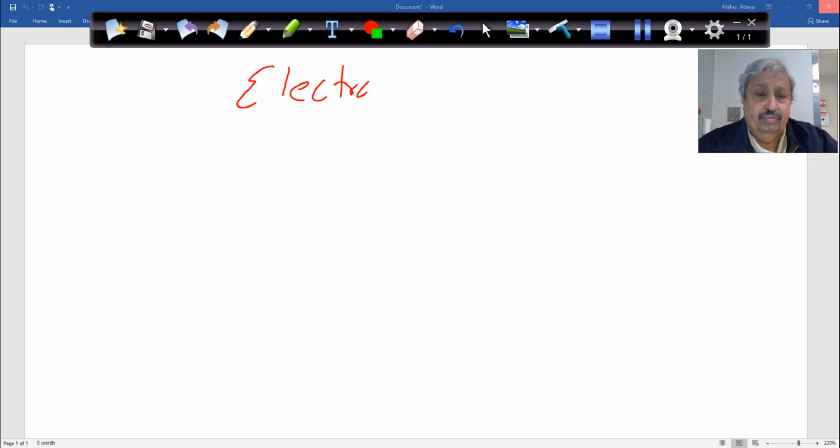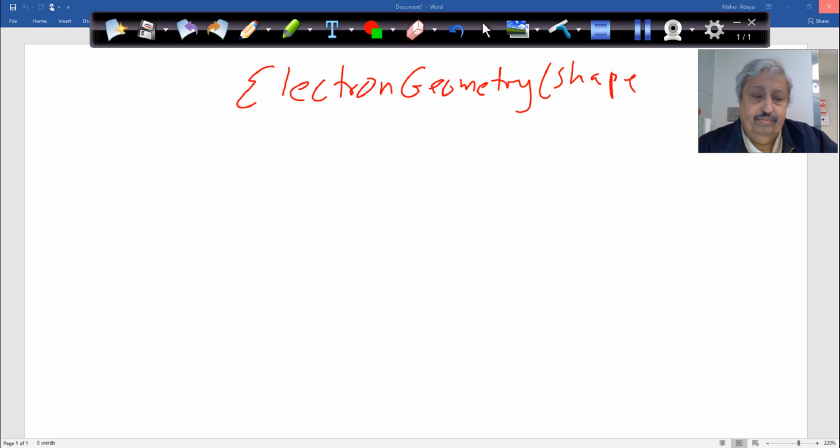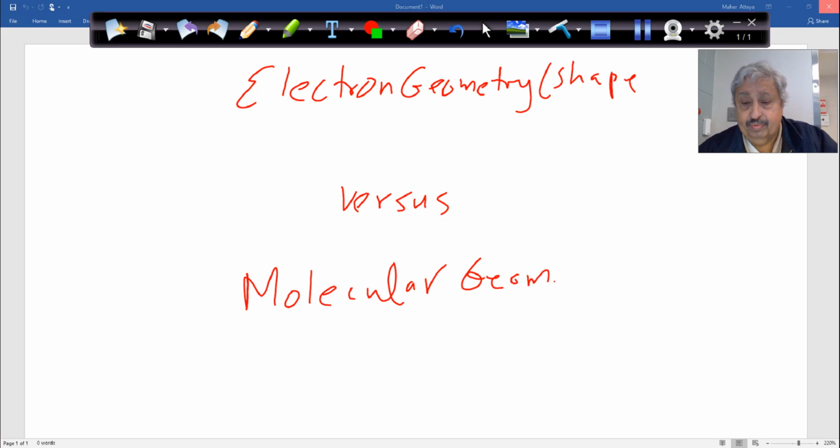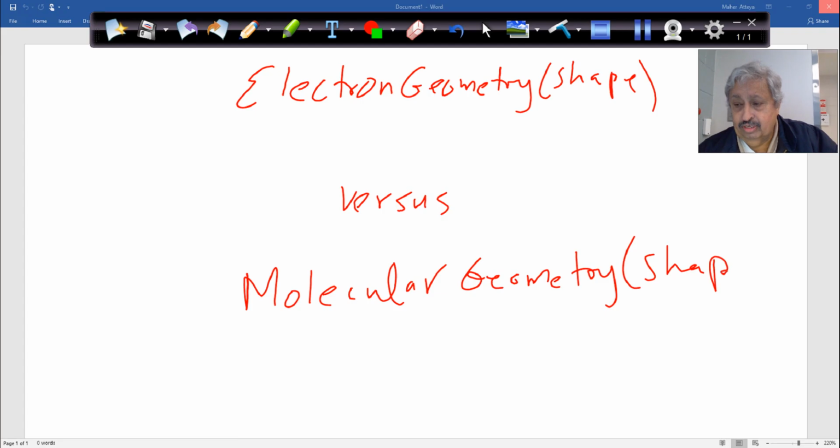We have electron or electronic geometry or shape versus molecular geometry or shape. So the question is, what's the difference between those two? Well, some of them will consider the lone pair on the Lewis dot structure. Some of them will ignore it.